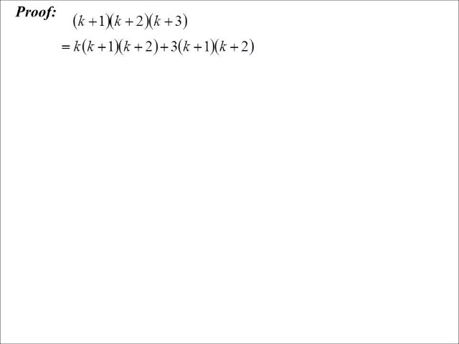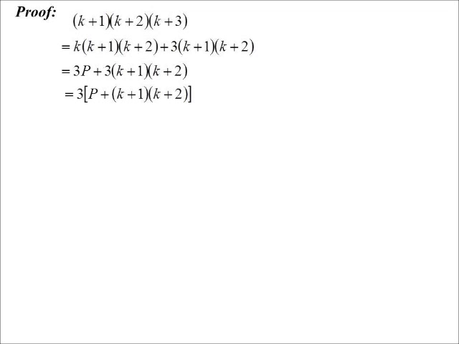But then it would be plus 3 lots of k plus 1, k plus 2. So essentially, I've just expanded out the last parentheses. But that allows me to substitute in for my assumption. Because that, I said, was 3p. And now have a look. I've got 3 times p, but I've also got 3 times k plus 1 times k plus 2. We have a common factor of 3.